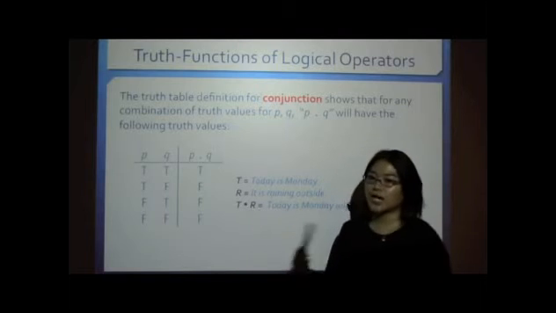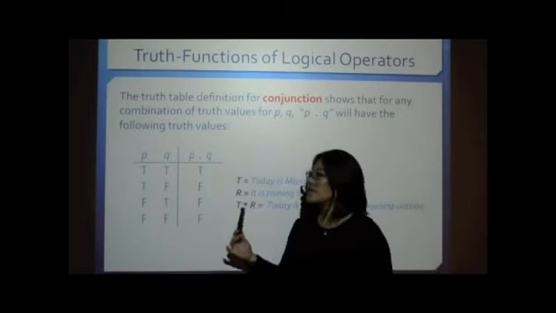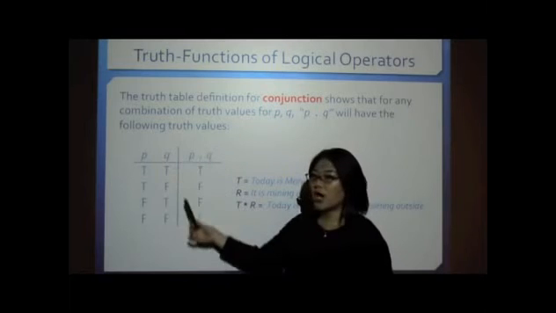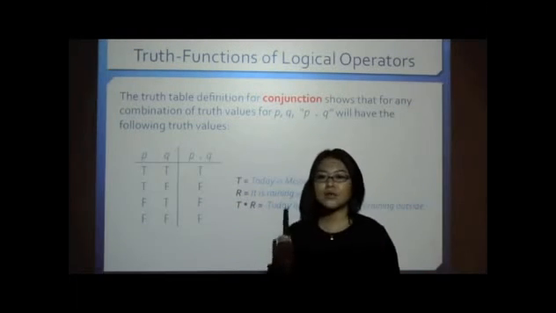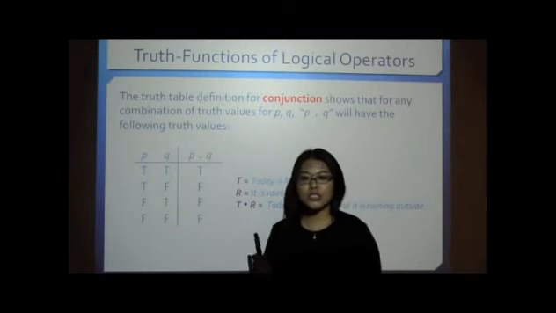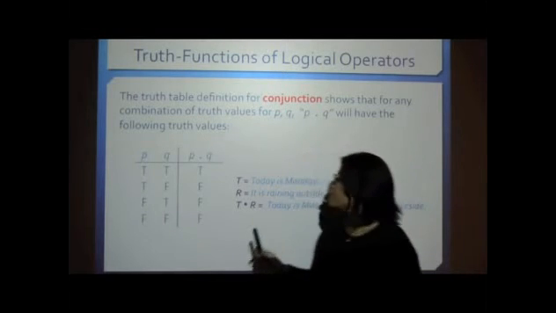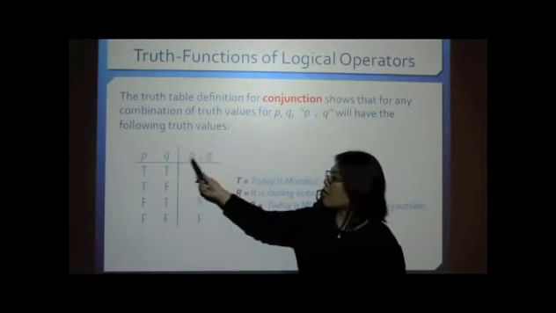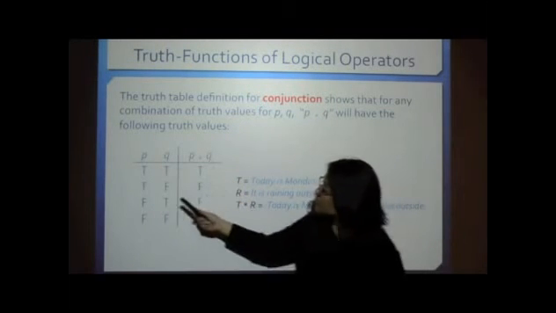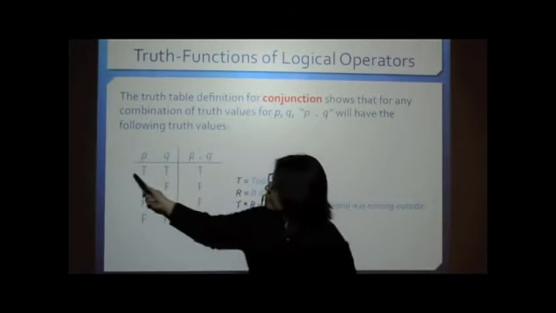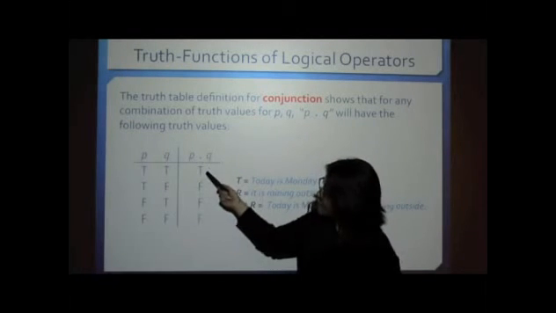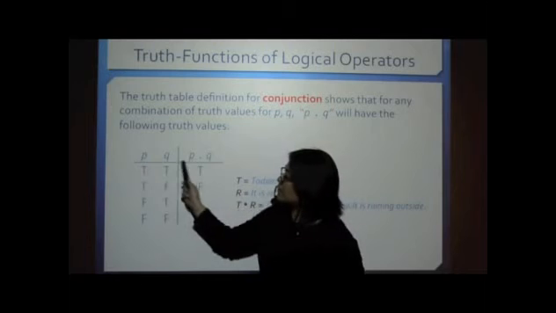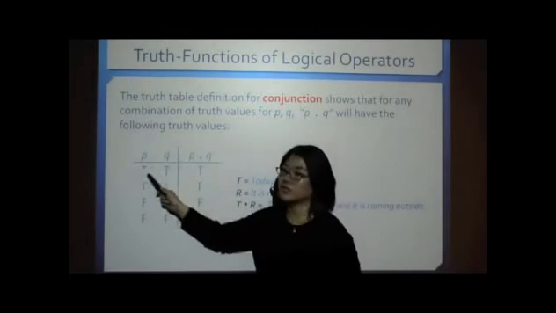One way to understand or remember the truth function of the conjunctive dot is with a single rule. And that rule is: a conjunction is only true if both conjuncts are true. So notice how the only time that the conjunction is true is when both P and Q are true.